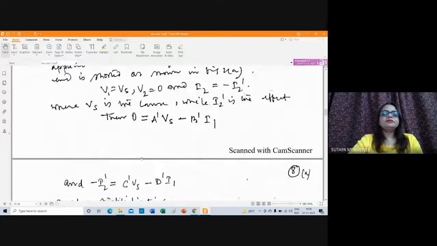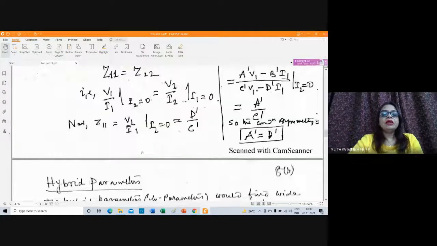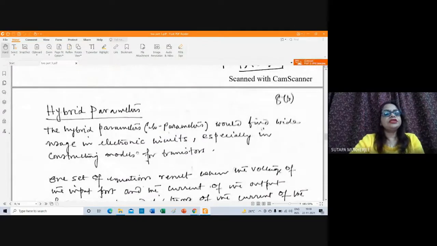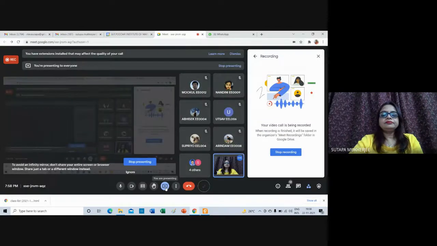After that, the hybrid parameters and the conditions for reciprocity and symmetry in these two parameters. Then we will do problems on these parameters.